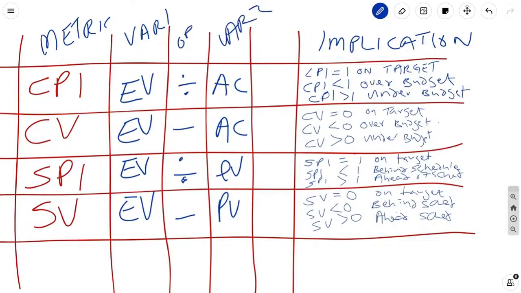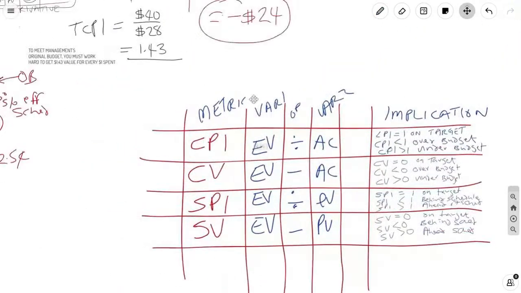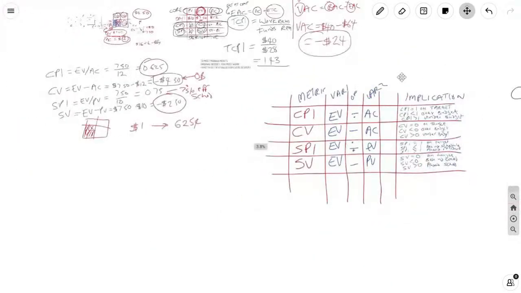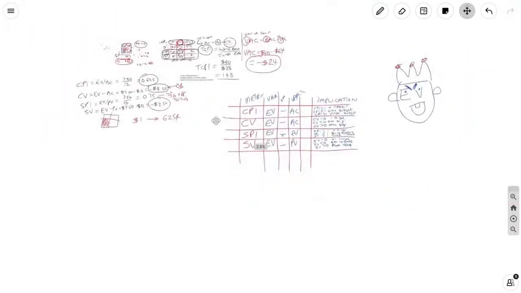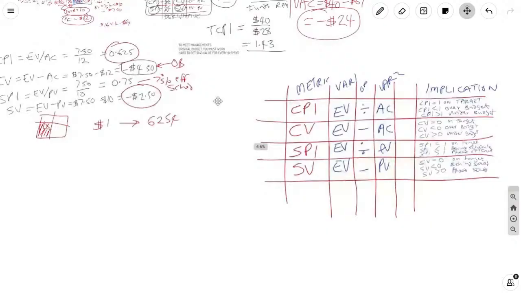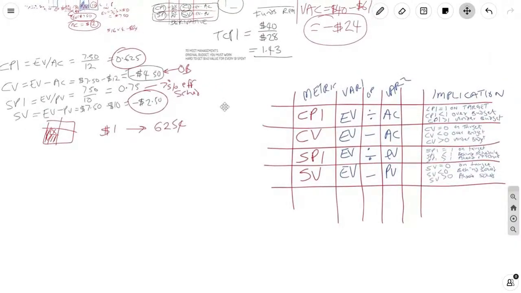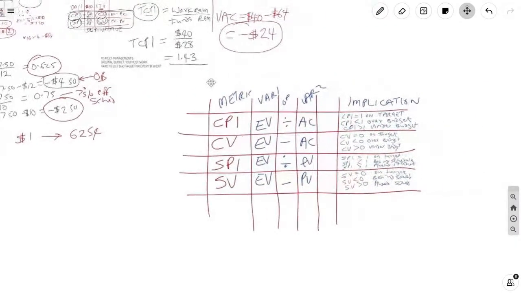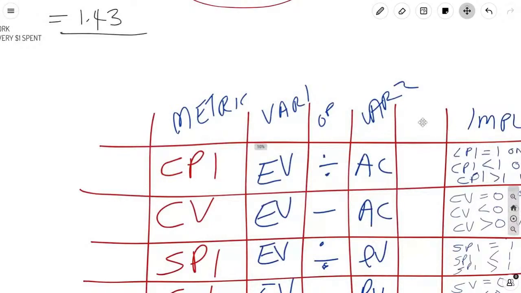Okay, so in the case of our work on that problem here, we got a 0.625, a negative 450, a 0.75, and a negative 250.